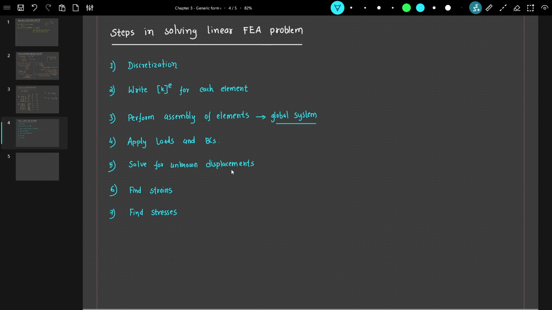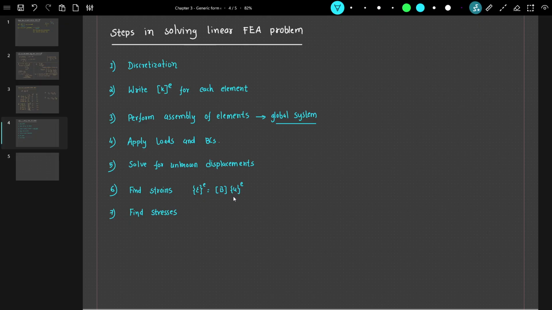Once we have this primary solution, we find other derived quantities like strains and then stresses. So we find the stresses using this relation. We know the strain displacement relationship: the strain vector is equal to the B matrix times the U vector.